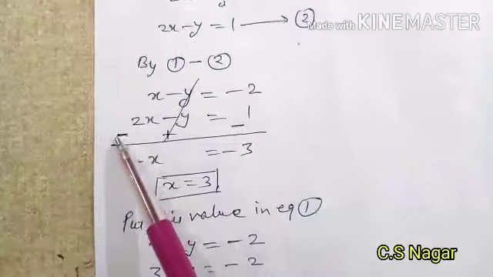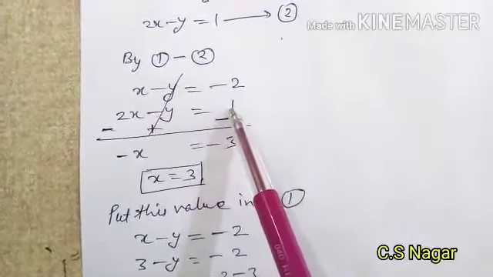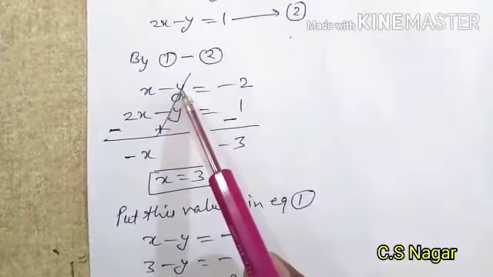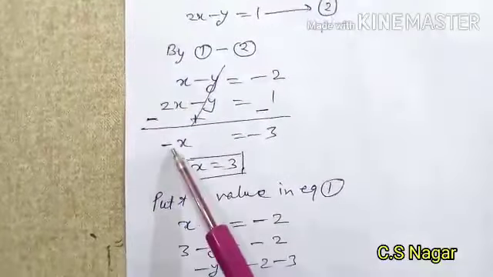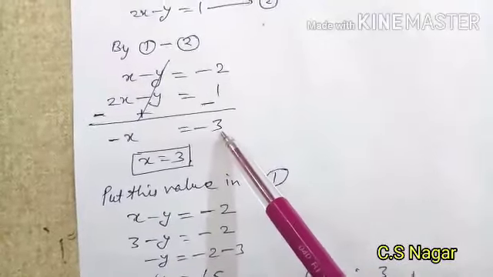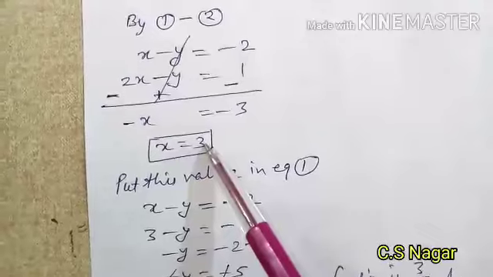This is plus 2x, so it will be minus 2x. This is minus y, so it will be plus y, and this is plus 1, so it will be minus 1. So plus y and minus y, both cancel out. Minus 2x and plus x, it means only minus x, and here minus 2 and minus 1, that is minus 3. Minus sign cancels out, so x is equal to 3.